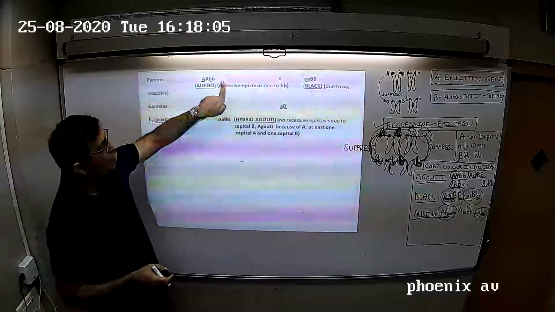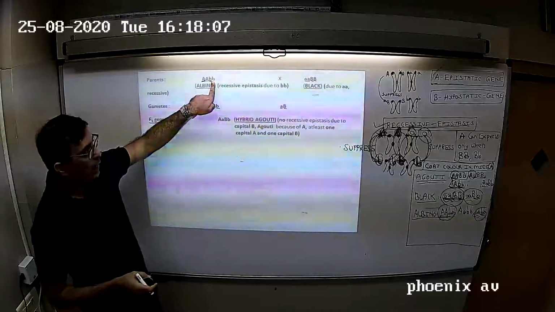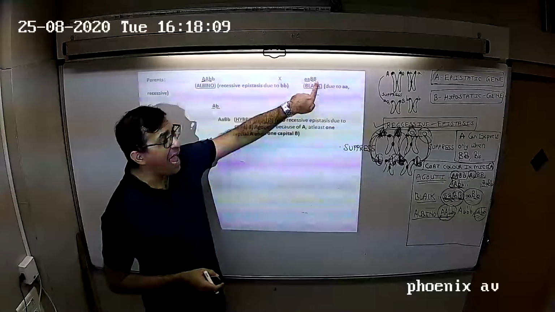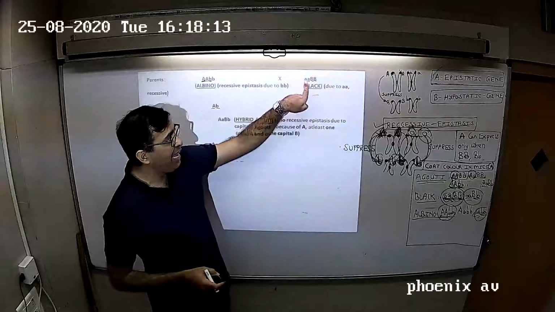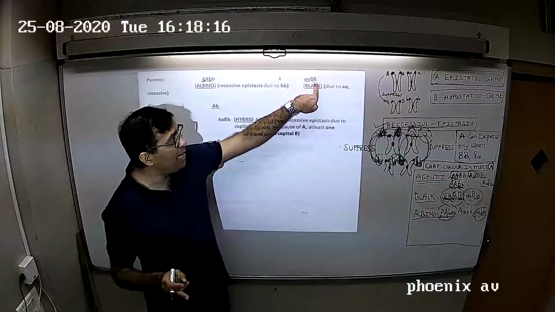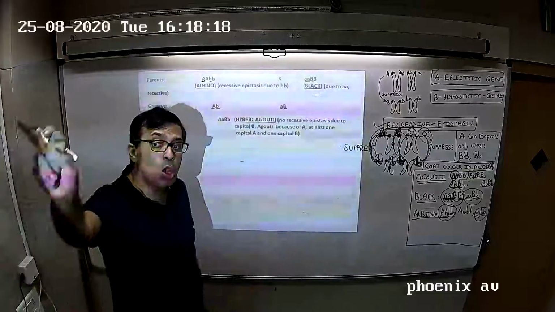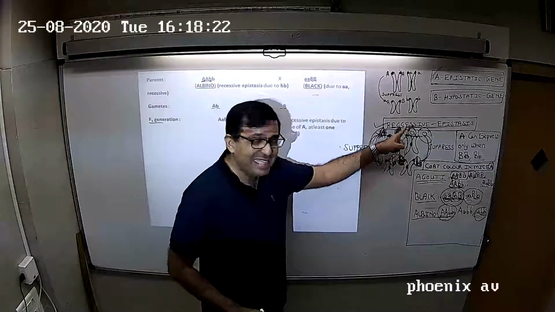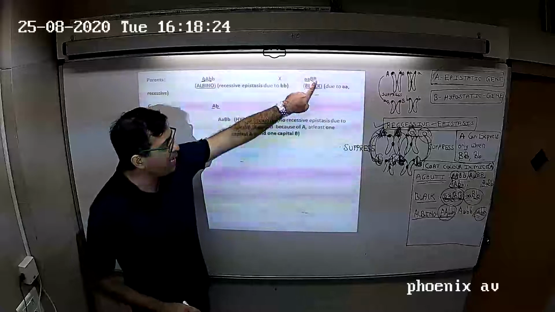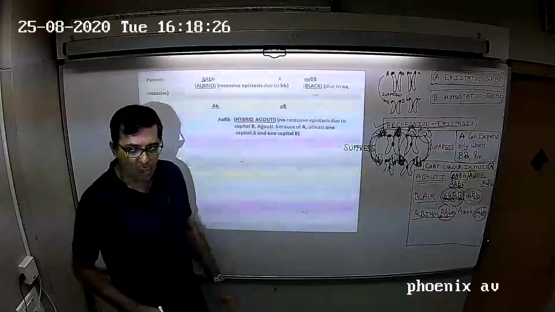Recessive epistasis due to small b. Why is this parent black? Because of small a, and capital B will not allow recessive epistasis. So what will that become? Black due to small a.